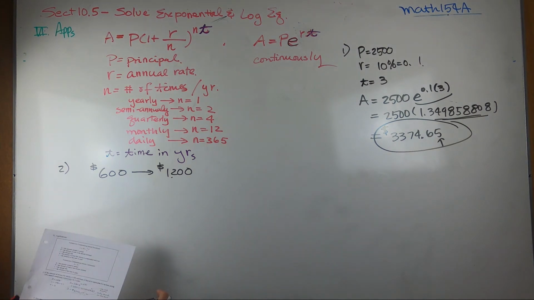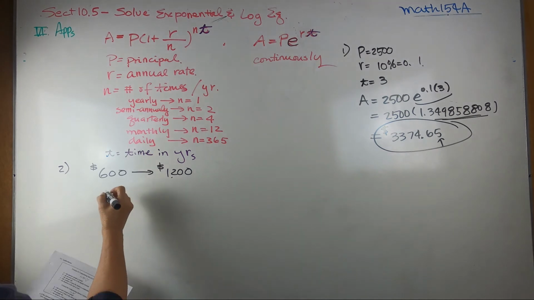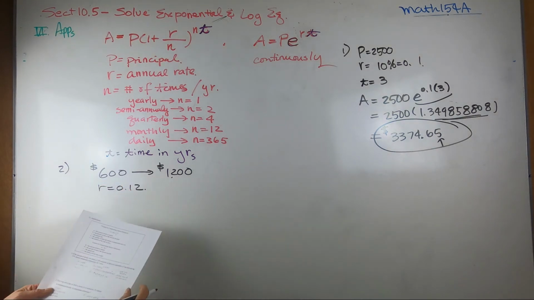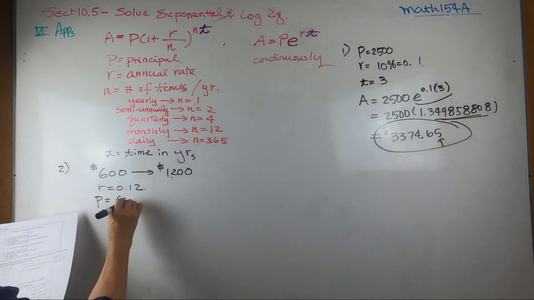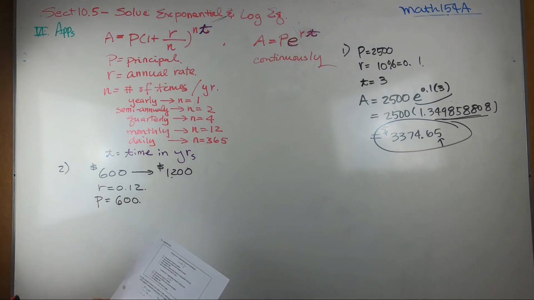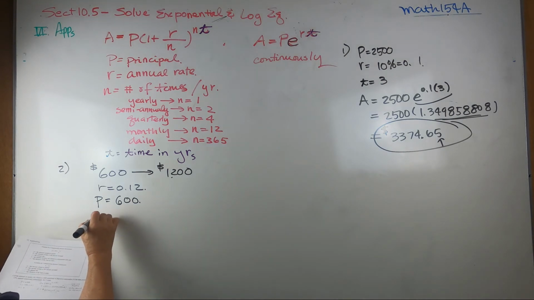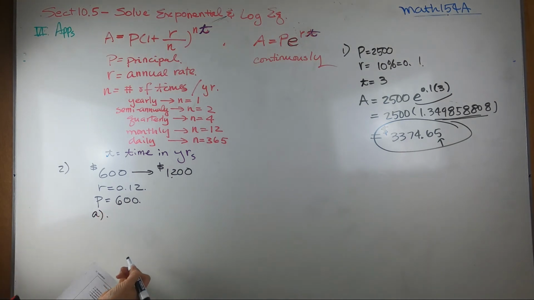And which one is your interest rate? That's the rate, right? So your R is what? 0.12. Okay. Your P is what? $600. Then it says what? It wants you to calculate compounded monthly.